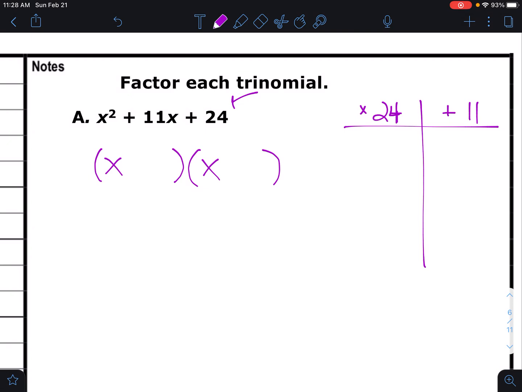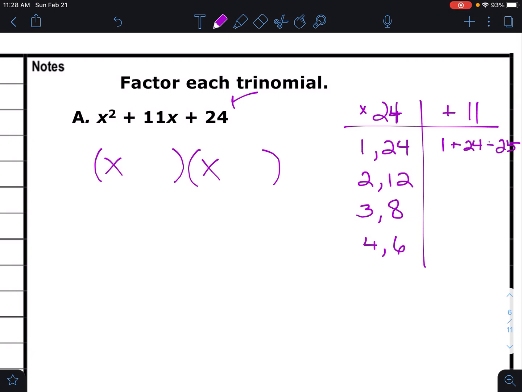So you are going to write factors of 24. What are numbers that multiply to be 24? So 1 and 24. Okay, what else? 2 and 12. There's a bunch for 24. 3 and 8, 4 and 6, and that's all of them, okay? Now, you want to say which pair is going to add up to be 11, right? Well, 1 plus 24 is 25.